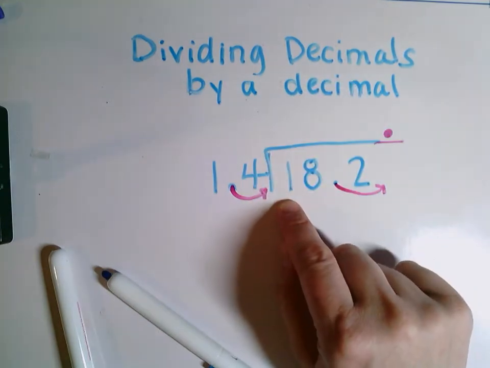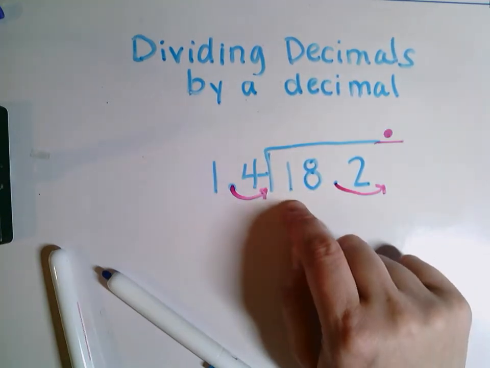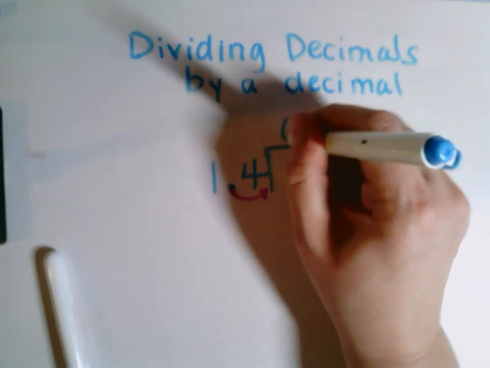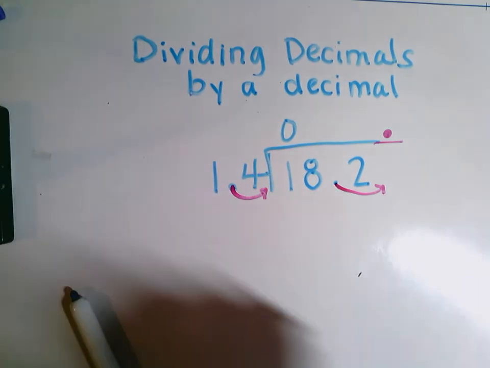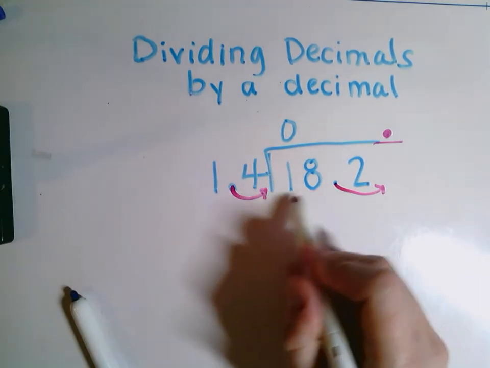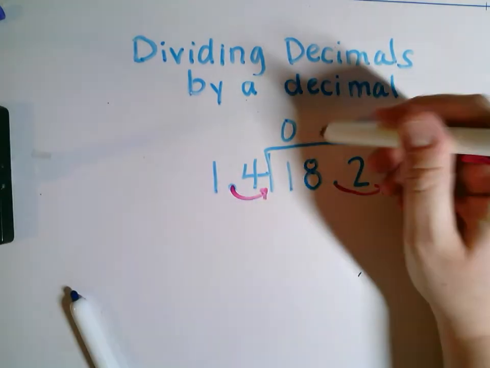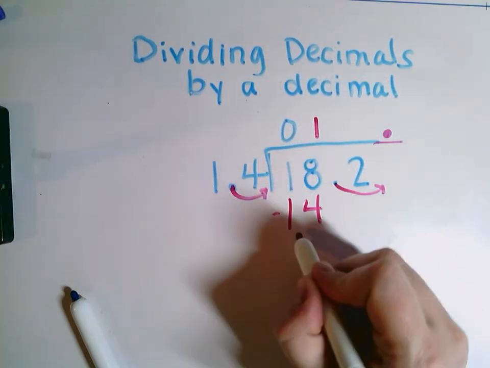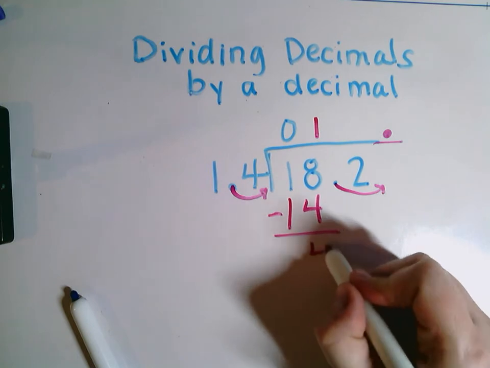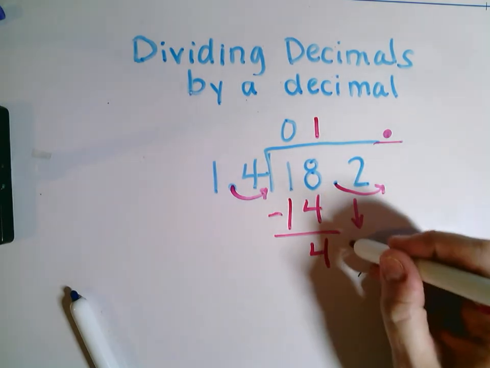I cannot get a group of 14 out of 1, so I'm going to put a 0 up here. Let's look at my next number. Now at 18, I can get one group of 14 because 1 times 14 is 14. When I subtract that, I'm going to have 4 left over. Get a 2 down here.